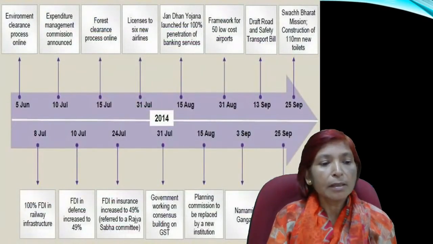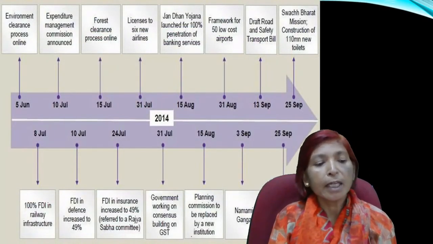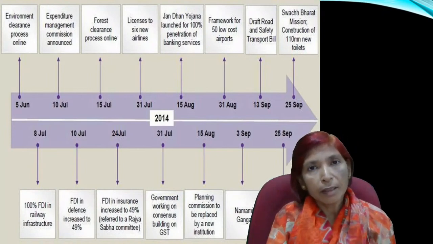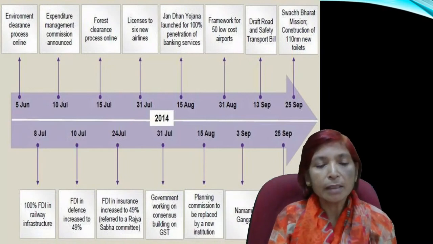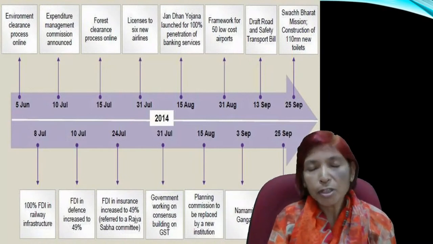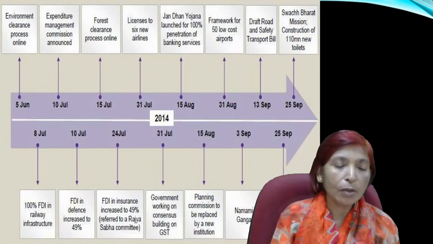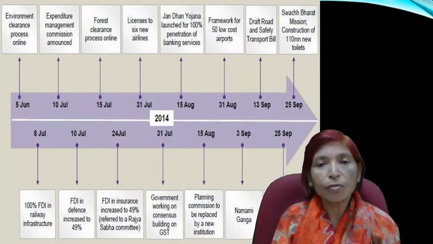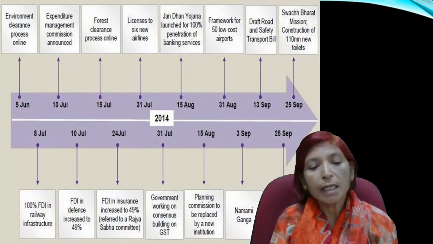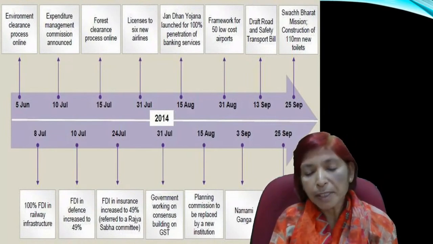Now next is, at present, 100% FDI. The government has given permission that 100% FDI is permitted with the automatic route, without taking any permission from the government, in railways infrastructure. FDI in defense increased to 49%. FDI in insurance increased to 49%.